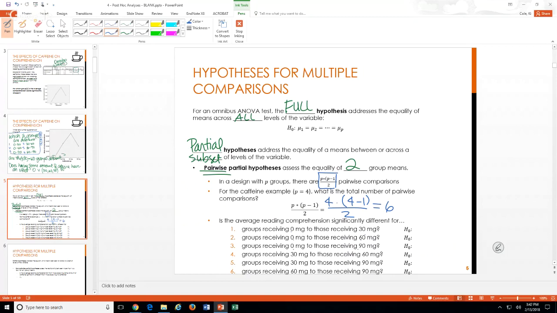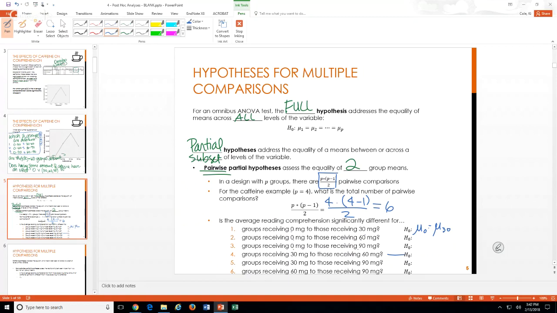So to write the post hoc hypothesis, specifically the null hypothesis, what would the first null hypothesis be comparing the 0 and 30 group? Mu of 0 milligrams equals mu of 30 milligrams. Good. What would this one be?